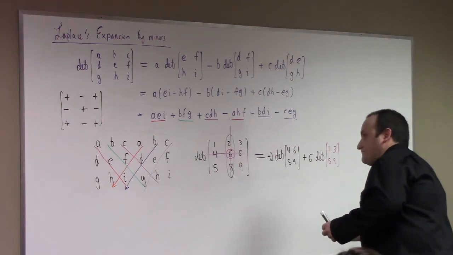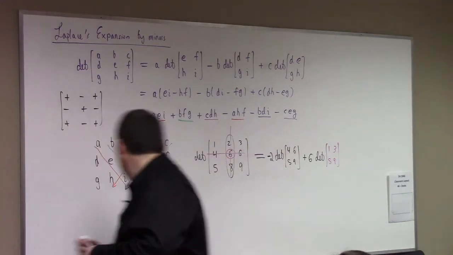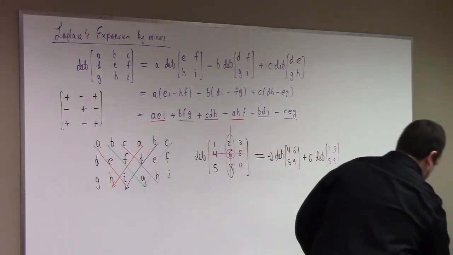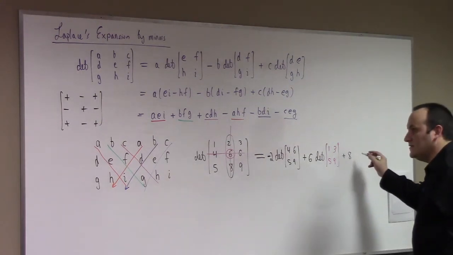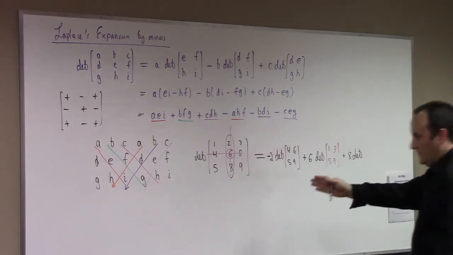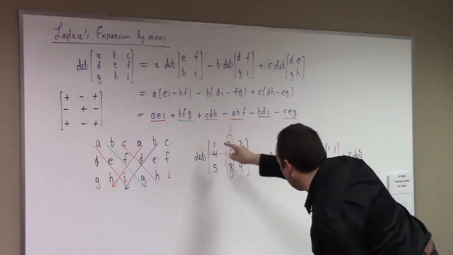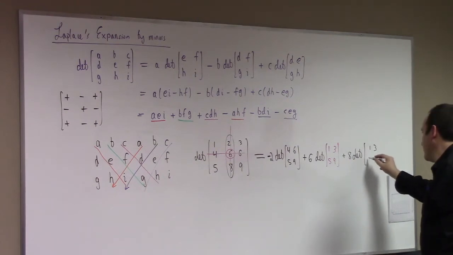All right? And then we do plus 8. Aha. Plus 8, take that table, times the determinant of everything that's not in that row and column. So that leaves me 1436, or 1346 as I usually read it.